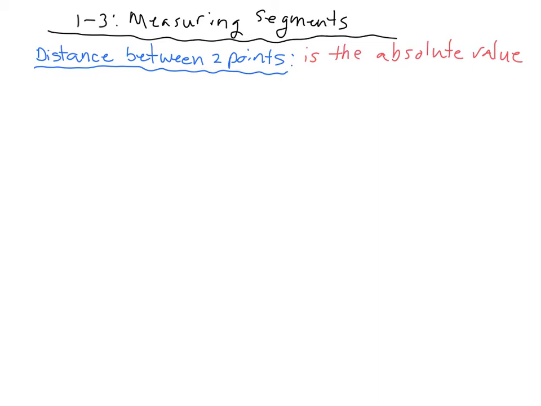So it's the absolute value of the difference of the 2 coordinates. And I'll just say 2 points or 2 coordinates. And that looks like an A, which it's really not.